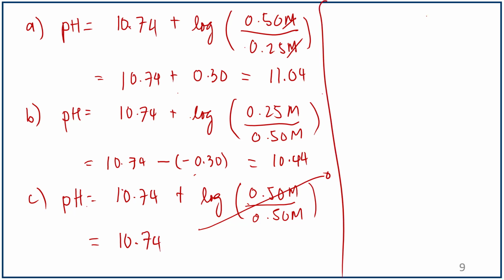So there are a few things to appreciate in these problems. Number one, note that in the first problem, you have a pH value which is higher than pKa, and as you can see, the concentration of the base, which is the numerator here, is higher than the concentration of the acid.